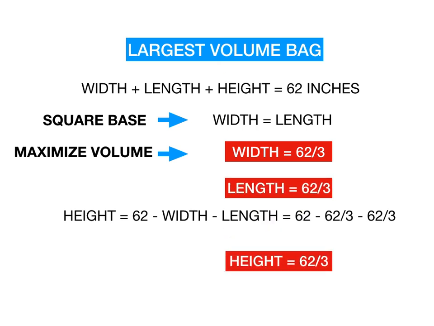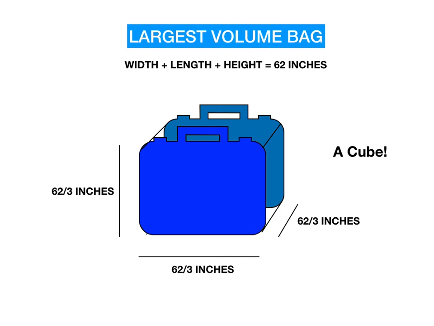You get another value of 62/3 as the height of the largest volume bag. So what does it tell you? That tells you that the largest volume bag would have the dimensions of 62/3, 62/3, and 62/3. It looks like a cube, and it's actually a cube.